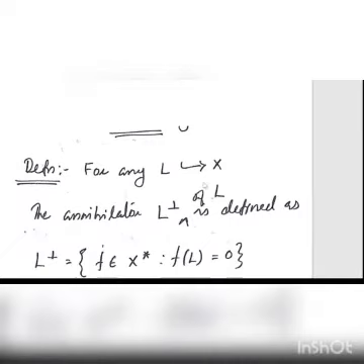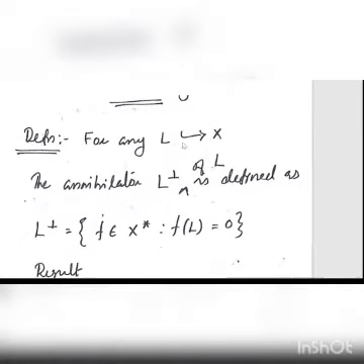Now with this we are having one definition. For any subset L of X, the annihilator, we will denote it as L perp. In linear algebra also you have studied what an annihilator is. So we have a subset L of X, and the annihilator of L is defined as the set of all f belonging to X star such that f of L is equal to 0.